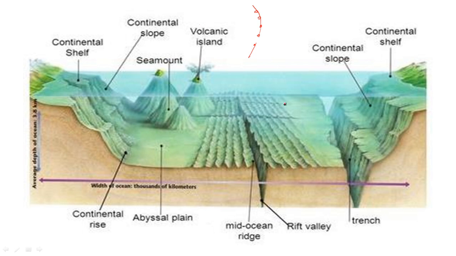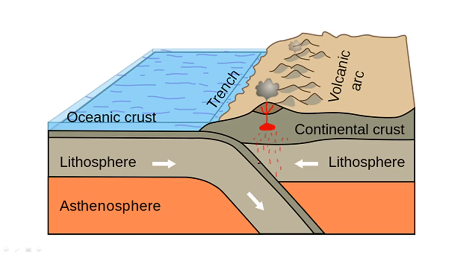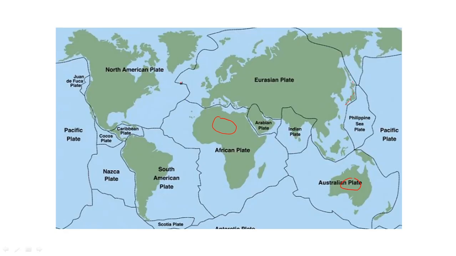Also, we have the mid-ocean ridge that we can see here. La dorsal medio-oceánica. This is a limit between two tectonic plates that they are moving apart from each other. So here we can see like a big mountain chain in the middle of the ocean and under the seawater, y debajo del nivel del mar.